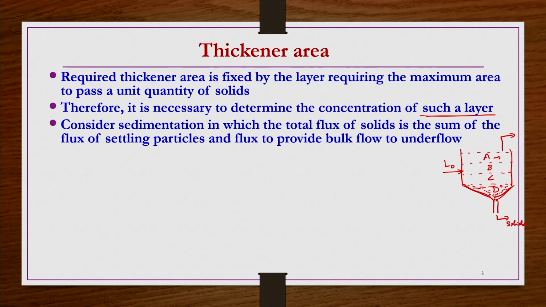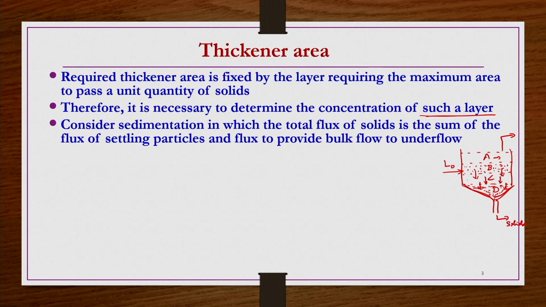So, now what happens in each layer? Let us say A is almost clarified liquid. B has some solids of concentration the same as the initial uniform concentration C naught, and C is a transition zone with a different concentration. So, from each layer solids are continuously settling and going towards the bottom zone, that is the D zone, from where the sludge is collected.